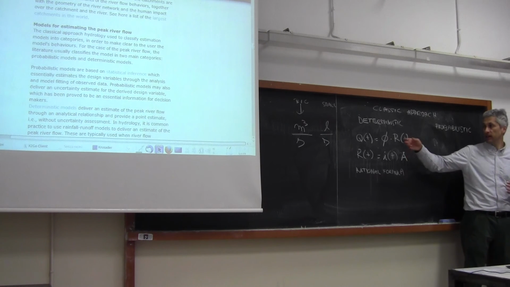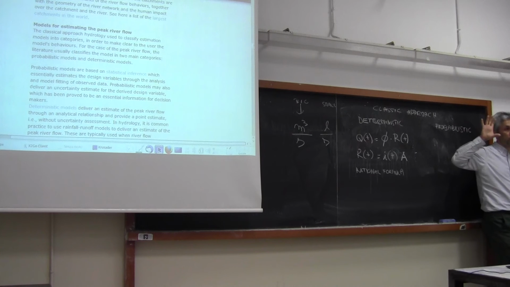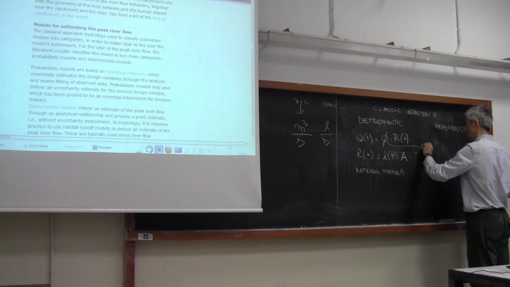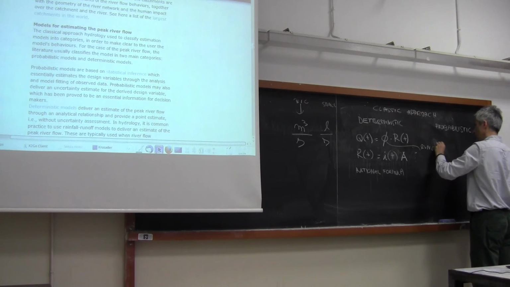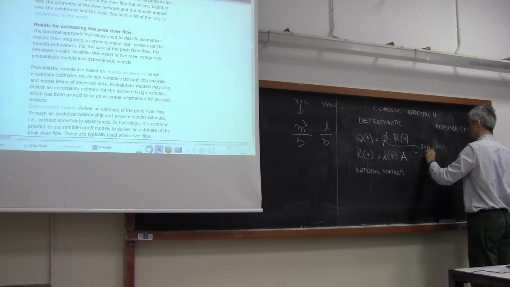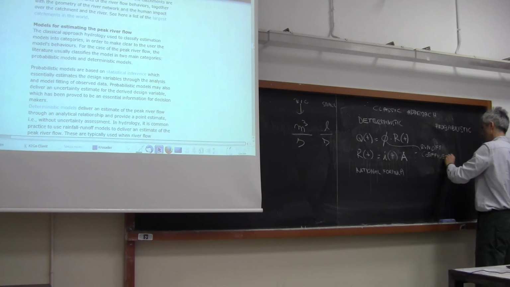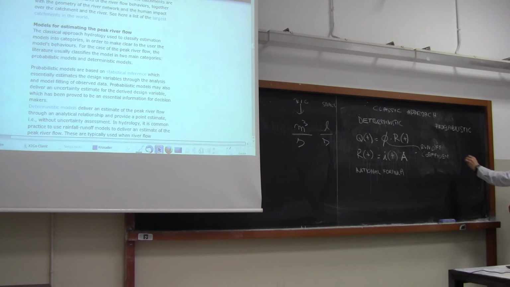This is an assumption. You take the rainfall at the same time, you multiply it by the area of the catchment, and then you take a reduction coefficient. The reduction coefficient is called runoff coefficient. We will talk about the rational formula later, as I said. The runoff coefficient takes into account the water that is lost by evaporation, by infiltration.